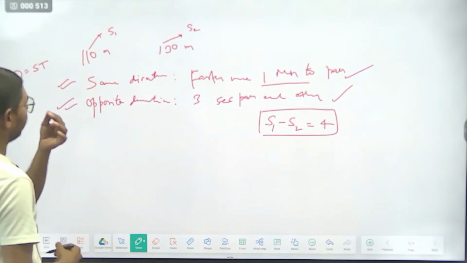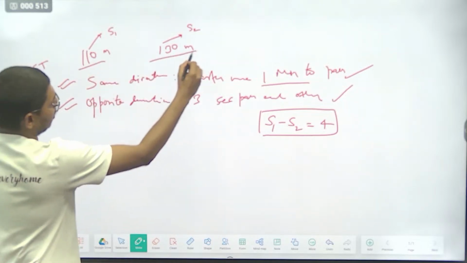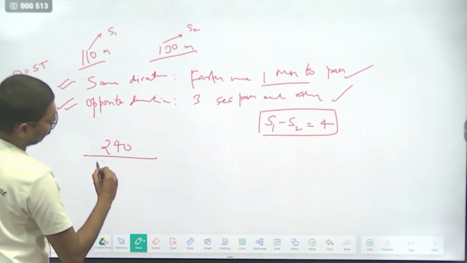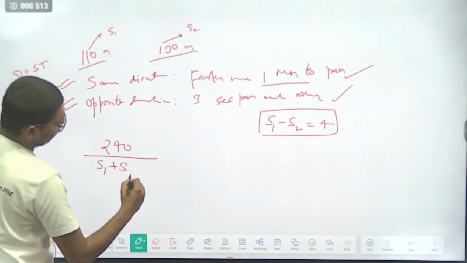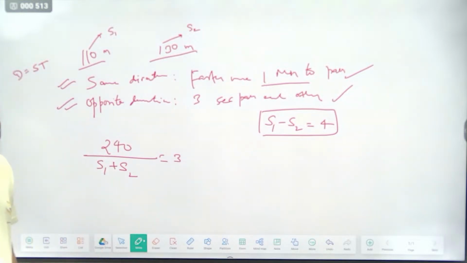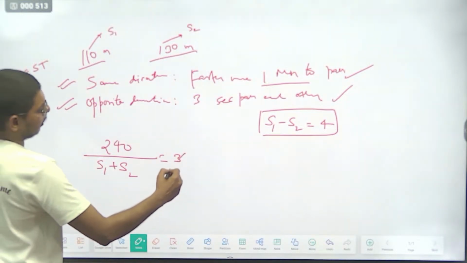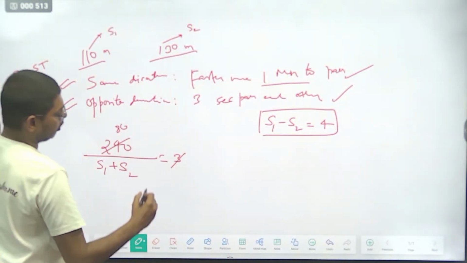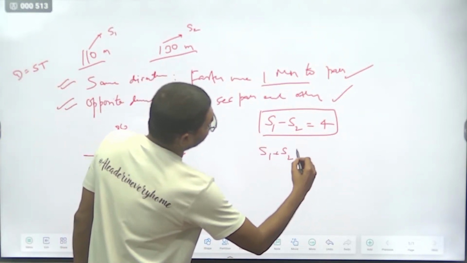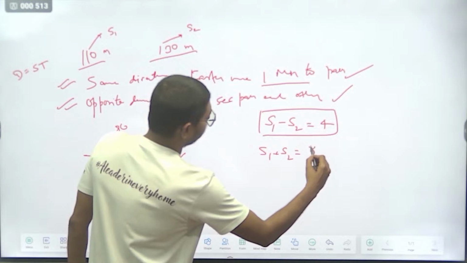We know the distance it will have to cover, 240 divided by S1 plus S2, is equal to 3. That means this is 80, which means S1 plus S2 is equal to 80.